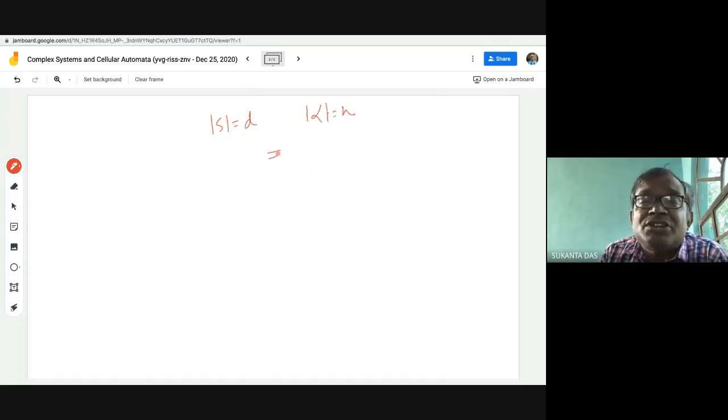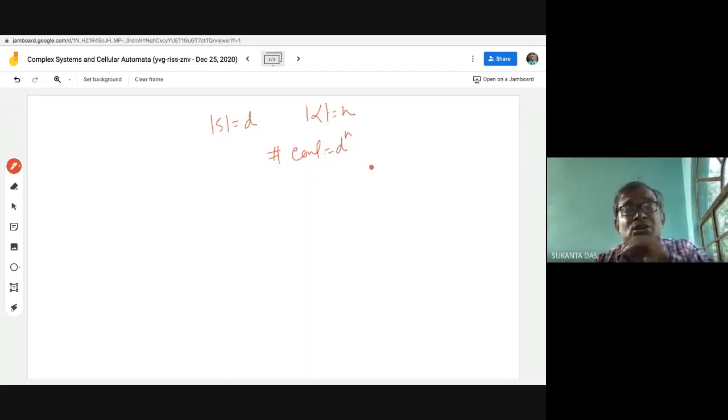So the number of configurations is D to the power N, which is a finite number, right? So if you start from one configuration, you will go to the next one, then the next one. Now, if you keep on doing this, after some time you have to come back to the old configurations which you have already visited.